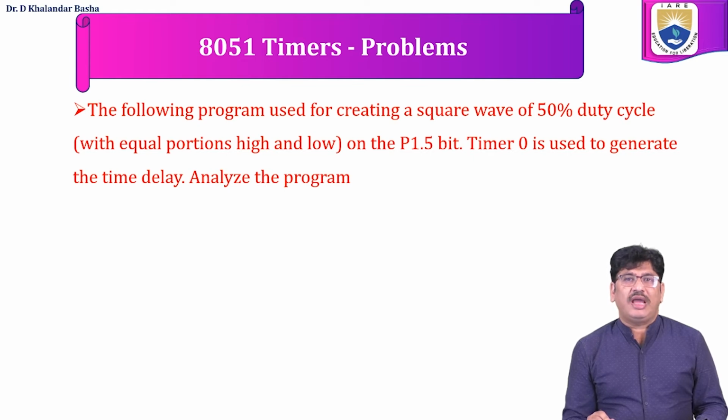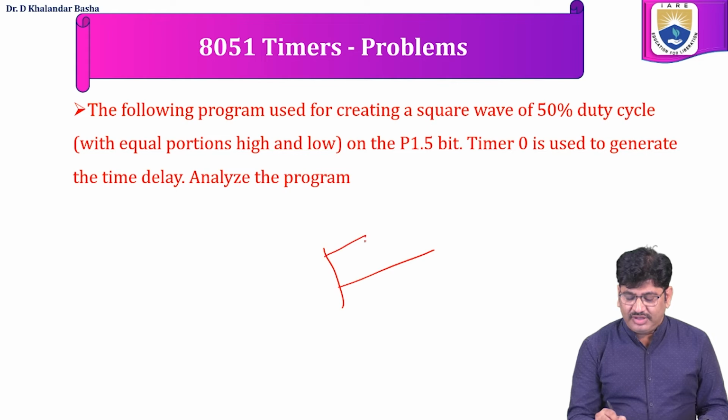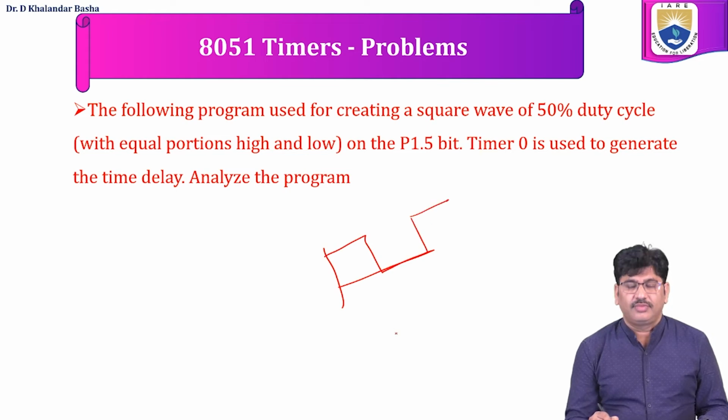The following program is used for creating a square wave of 50% duty cycle with equal portions high and low on the P1.5 bit. Timer 0 is used to generate the delay. Analyze the program. Here they have given the program, then we have to find what frequency is taken for generation of the square wave. So this program will generate a square wave with 50% duty cycle.